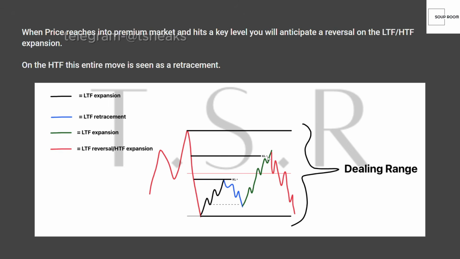All right. On the lower time frame, of course, this is going to be seen as a reversal. So this red line represents a reversal on the lower time frame and a higher time frame expansion. As you can see, price retraced to a discounted key level, coming back down, expanding into a premium market, hitting a premium key level, expansion on the lower time frame, reversal on the lower time frame, expansion on the higher time frame.